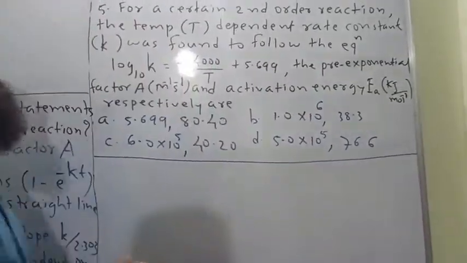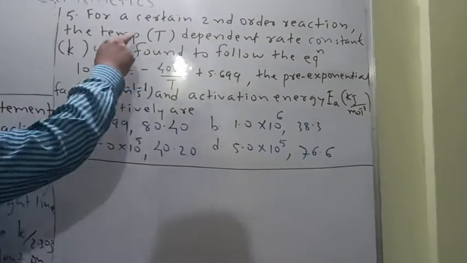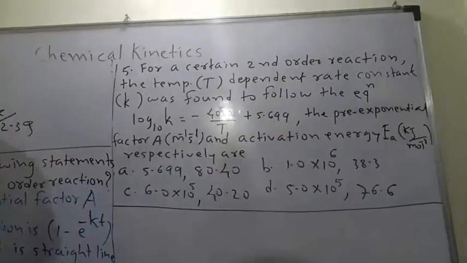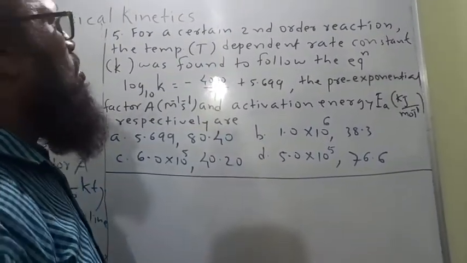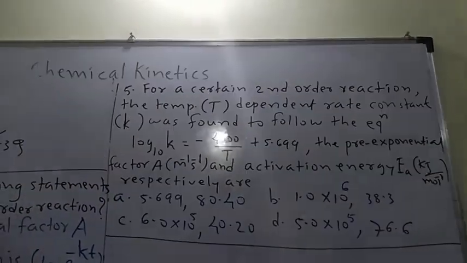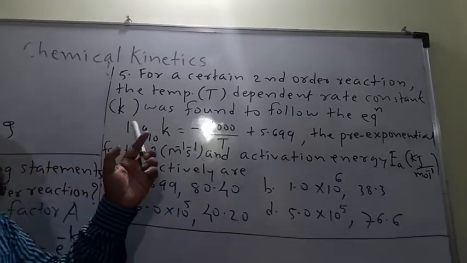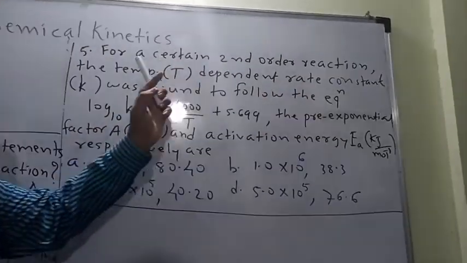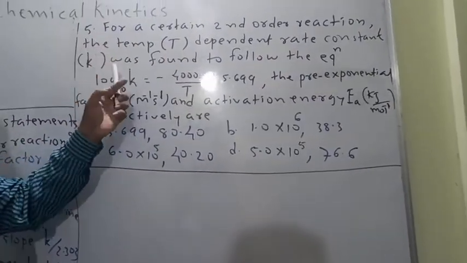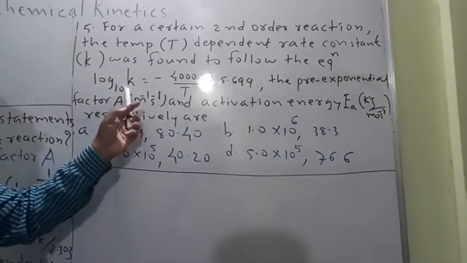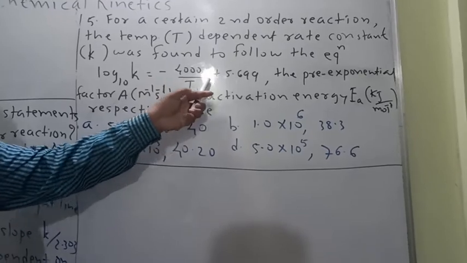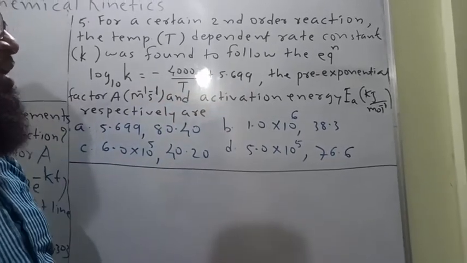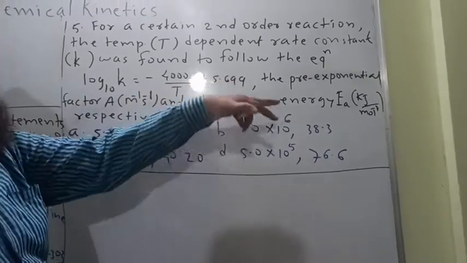See very carefully. For a certain second order reaction, the temperature T dependent rate constant k, just as I mentioned earlier in MCQ number 3, rate constant depends only on temperature, was found to follow this equation: log k is equal to minus 400 upon T plus 6.99 plus 5.699.